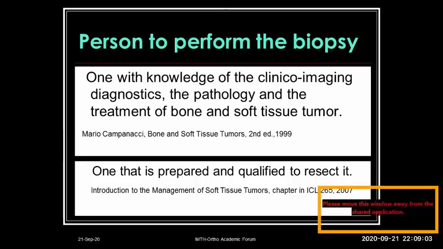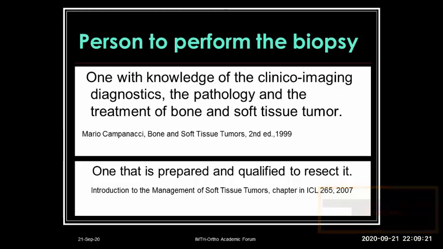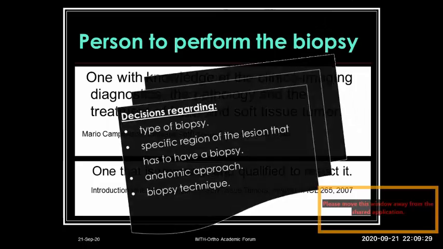Also, the one who is prepared and qualified to resect. So the one who is going to resect the tumor, doing the definitive surgery, and has the capabilities to do that, is the person most qualified to do the biopsy, because he knows where to put his biopsy, in which site, and how to decrease the risks of biopsy.